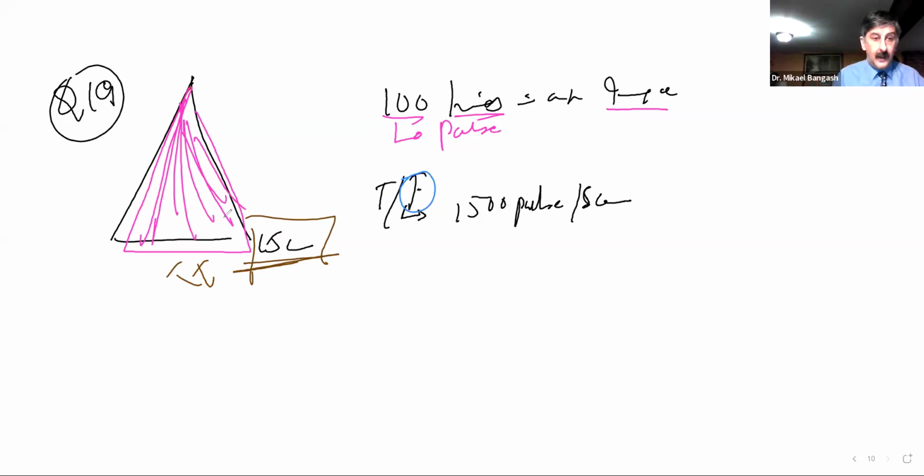So we had 100 pulses in the image and not 1500. Each of these pulses has to travel to a depth of 15 centimeters and back, but that doesn't make them 1500 pulses.